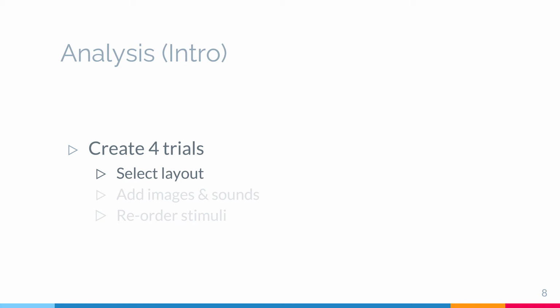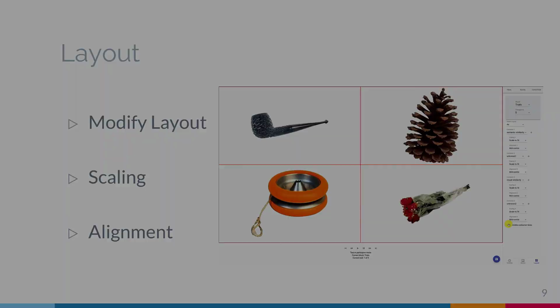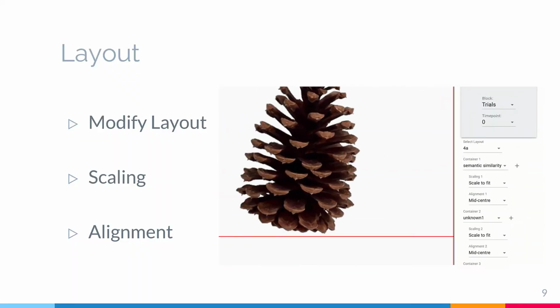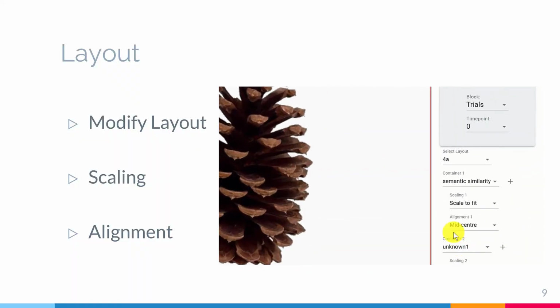Now, let's dive in a little deeper and analyze exactly what we were doing at each step of the way. The very first thing we did was to select the layout. Experimaker has a number of different layouts, and it's easy to switch between them.